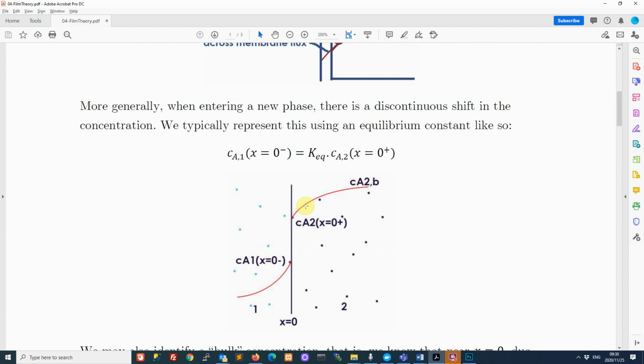Because you see, actually what's happening here is a continuous variation in concentration. And in fact, because of the differential nature of the transfer, what you find is that you never actually reach the bulk concentration; it takes an infinite distance to reach the bulk value.